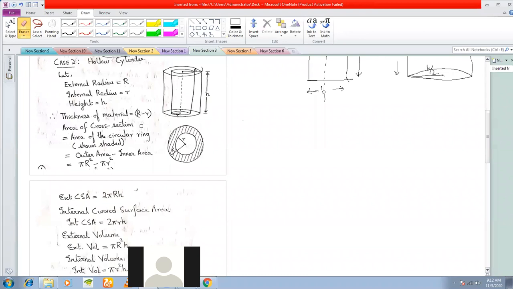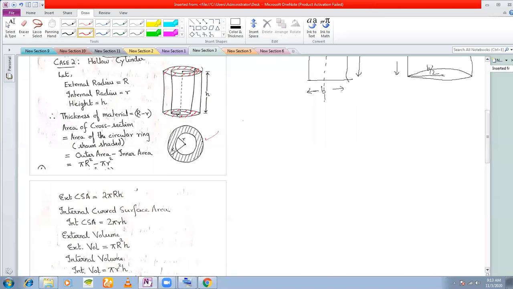Next, we come to what should be the surface area of this. This is the main thing, the surface area. When we are talking about surface area of a hollow cylinder, we talk about the surface area that is outside, the surface area that is inside, and also this area, this circular ring that you see here at the top and below.